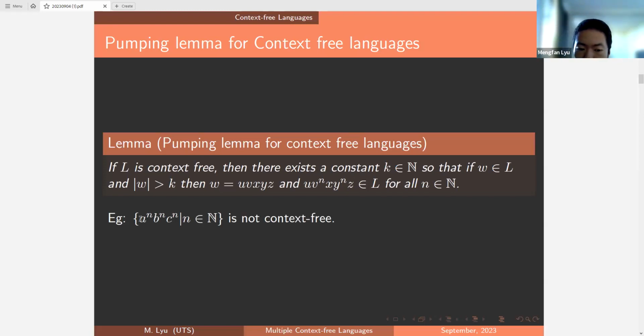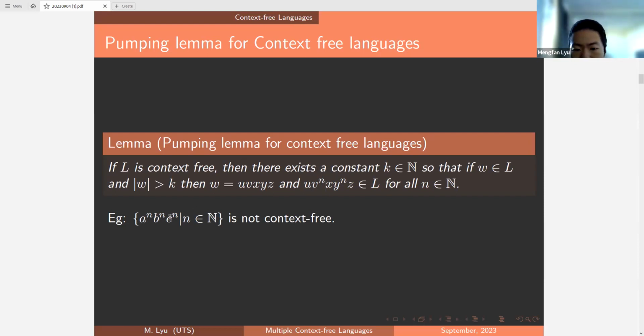For example, here we have just shown that the language A to the n, B to the n is context-free by defining the grammar. But here, we will use this pumping lemma to show that this language, A to the n, B to the n, C to the n, is not context-free, because using this lemma, we cannot find a proper v and a proper y to pump this word.